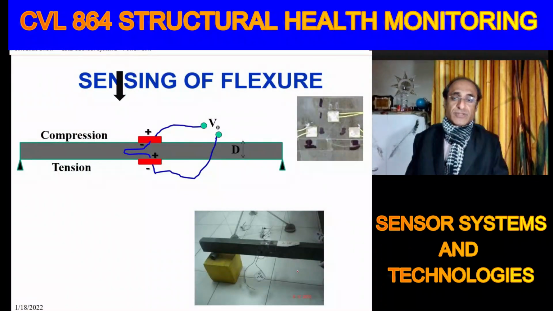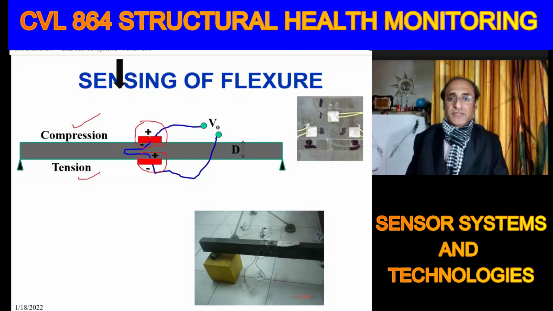Now here we are showing the example of sensing flexure. You see here this setup. We have installed one piezo patch on the top, one piezo patch on the bottom, and we have connected them in this kind of arrangement. If you apply a load down, when the beam is going down, there will be compression in the top fiber and tension in the bottom fiber.